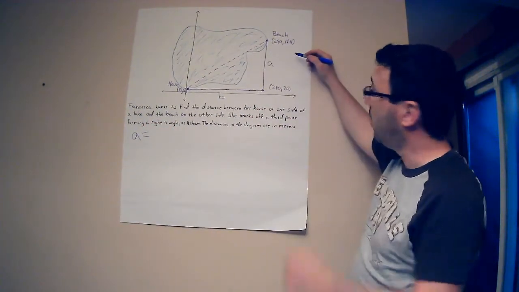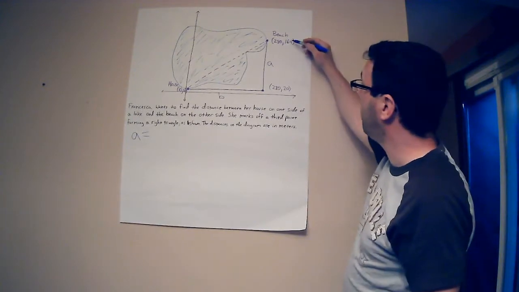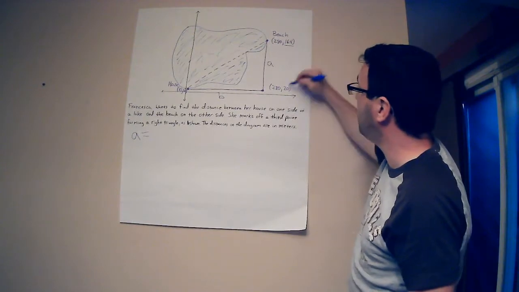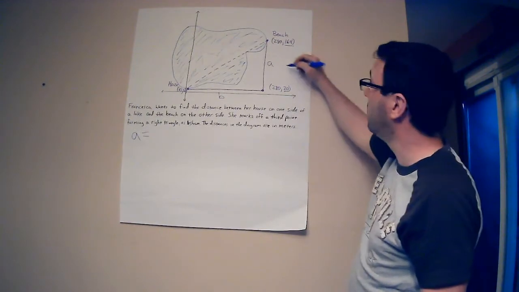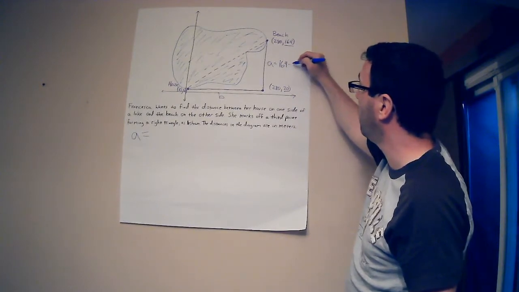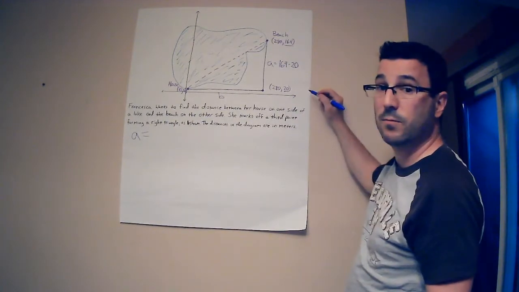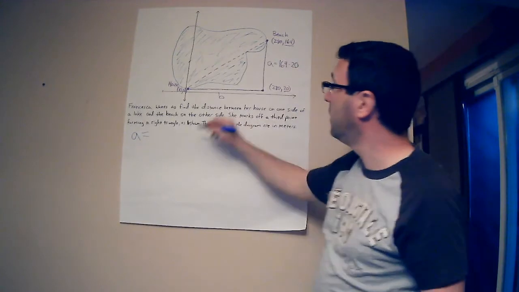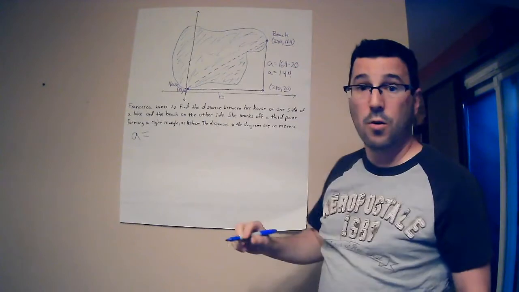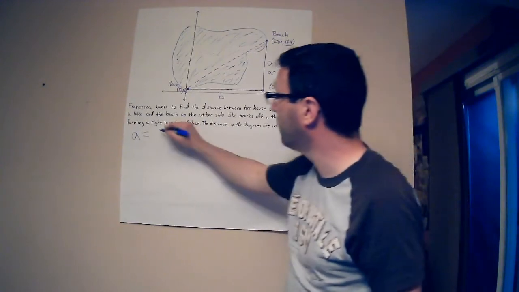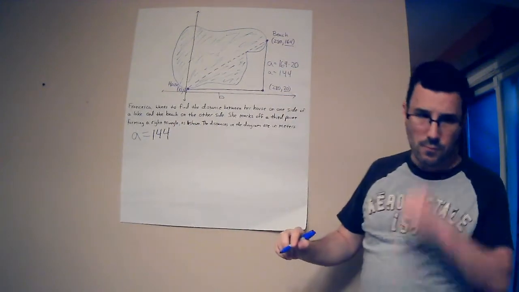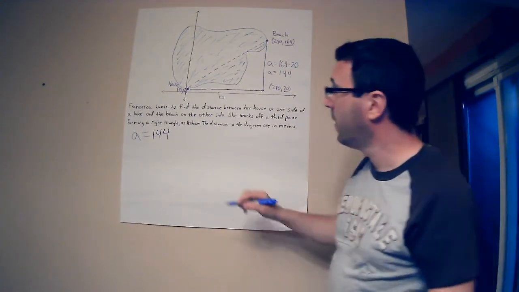All right? So A, I'm looking for what is the difference in the y value. So we have the 164 and the 20. So A is going to be 164 minus 20. So A is going to be 144. I'll write that there. 144. Excuse me.